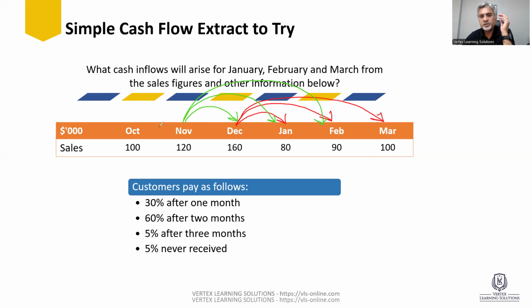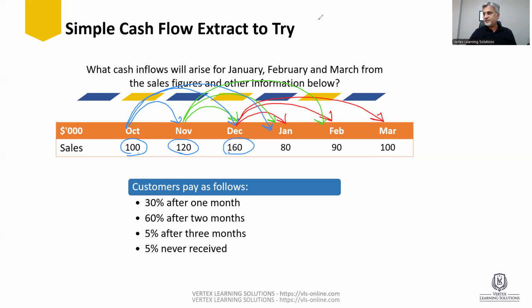Nothing in March. For October, you again receive 30% in November, 60% in December, and 5% in January. So January is receiving a little bit from here, a little bit from here, and a little bit from here: 5% of this, 60% of this, and 30% of this. 1 month, 2 months, 3 months.